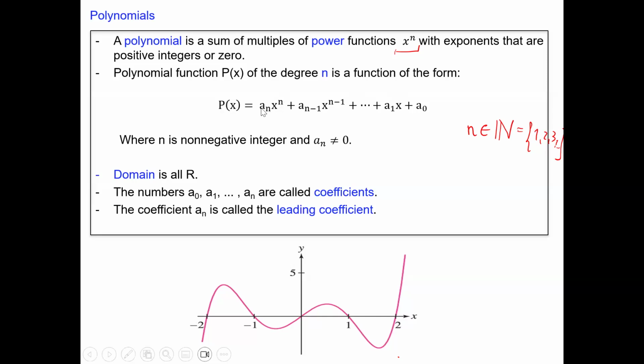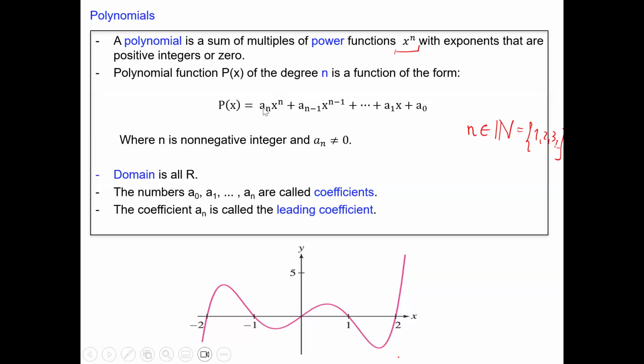P of x equals a sub n x to the power of n plus a sub n minus 1 x to the power of n minus 1, and so on, a sub 1 x to the power of 1 plus a sub 0, which is a constant. That means all of the a's, all of the numbers next to x, are called coefficients. Right? The leading coefficient is the coefficient which sits next to the highest power.